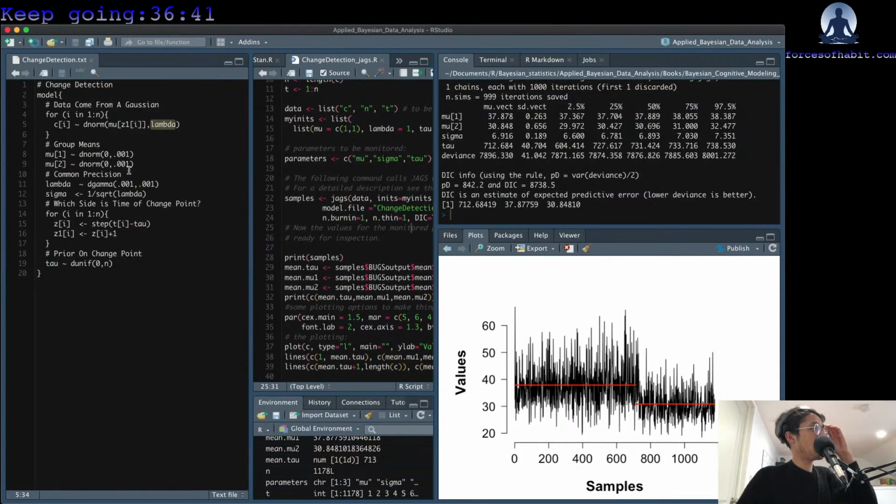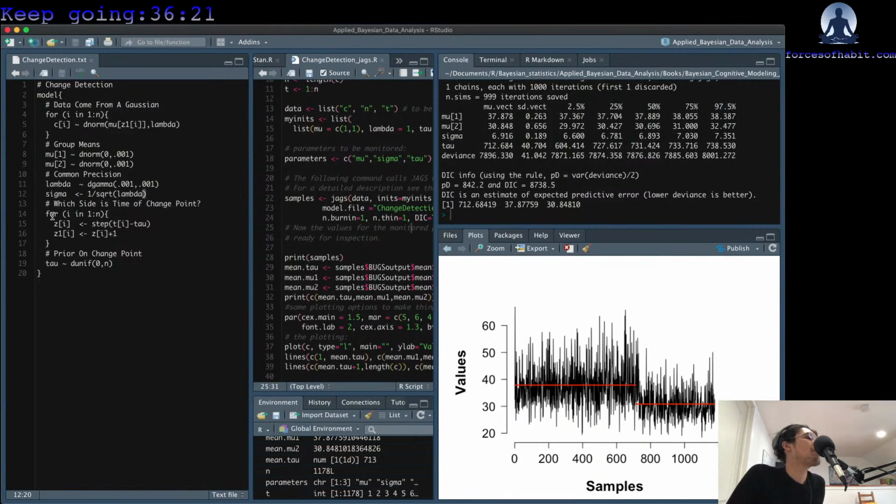And now for each of those, we're going to use a fairly uniform distribution for priors. And then we have precision here, inverse gamma. And then we calculate sigma from the precision.